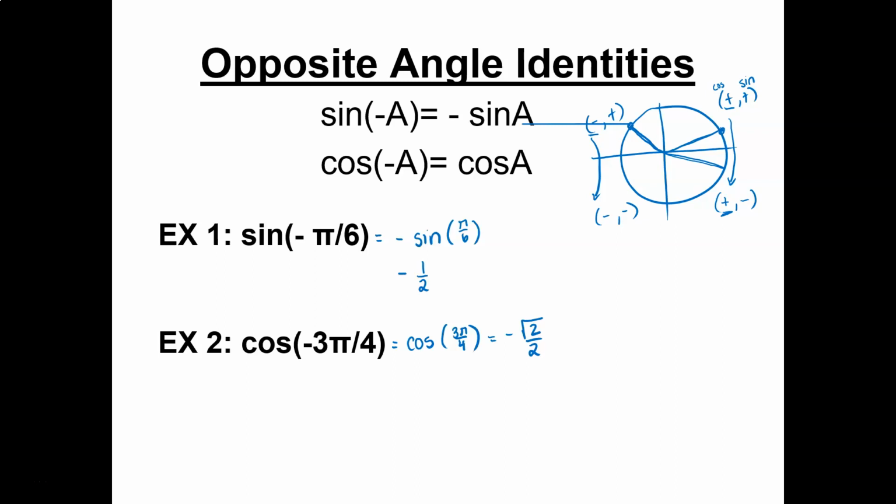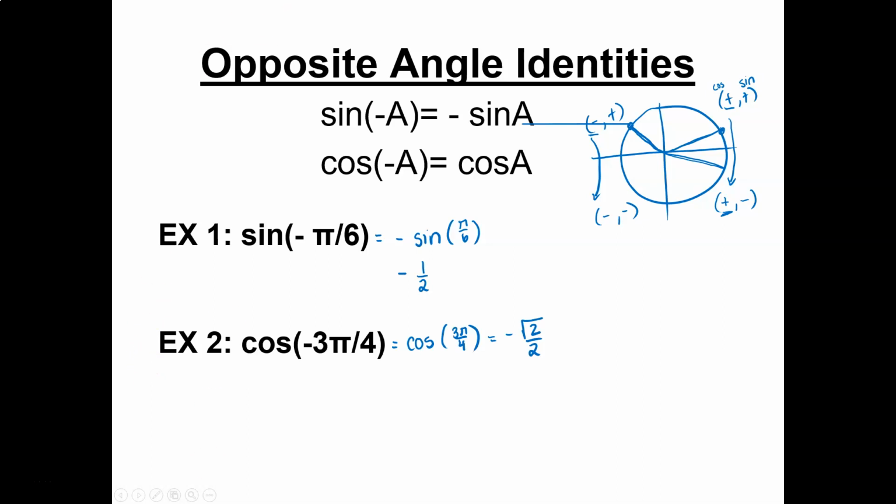Opposite angle identities will be on the quiz. You can use them or not, just do unit circle like you've always done. It's not a big deal. Either way, make sure you don't forget the opposite angle identities on the quiz, though, because that's the most commonly forgotten one whenever kids are studying, because it is the one that we'll probably use the least as far as actually working out problems. Okay, questions?